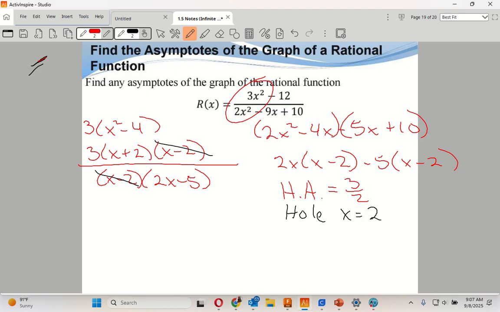And so the denominator, set that one equals 0, and that's going to give me 5 halves. Vertical asymptote is 5/2. Are we good there? Hopefully.